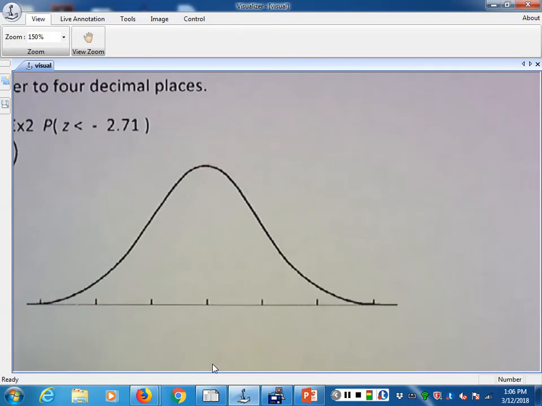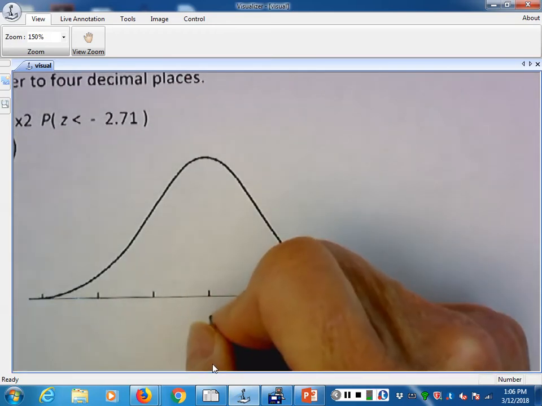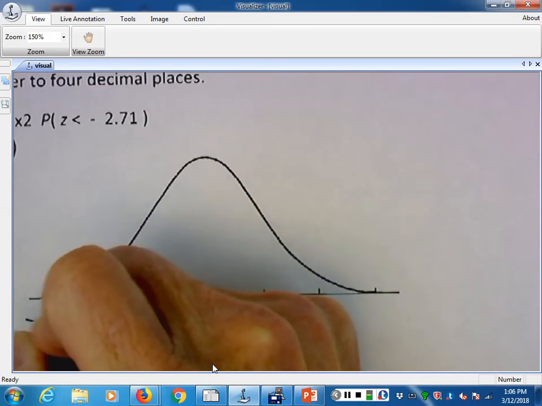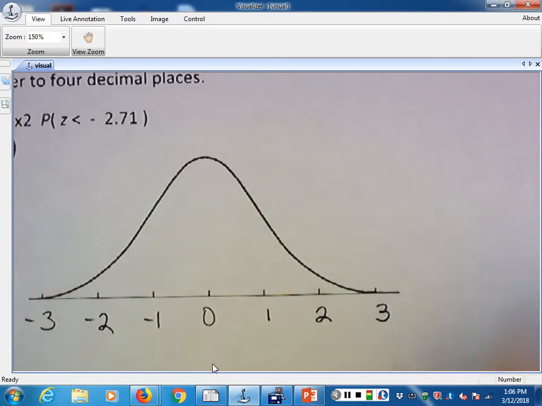Same situation, since this says Z: 0, -1, -2, -3, +1, +2, +3.